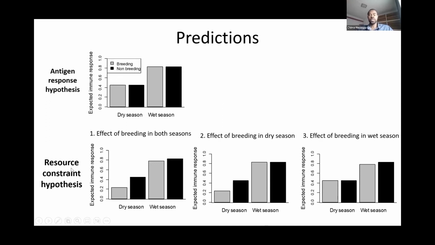However, if resource constraint becomes important, then you have three different possible scenarios, and this can lead to different predictions. I won't go into the details of this, but the difference you see between breeding and non-breeding birds would depend on whether resource constraint is an issue in the wet season or the dry season.